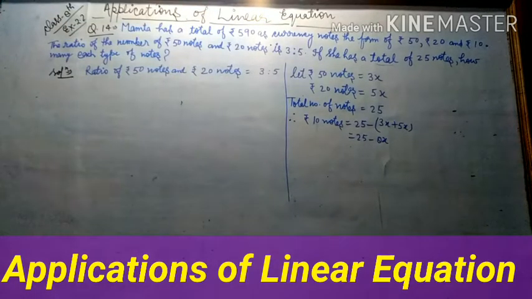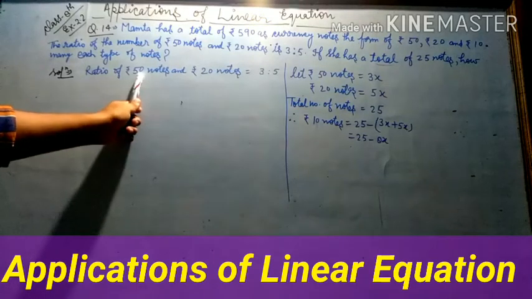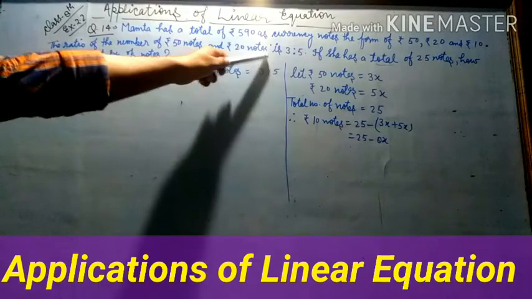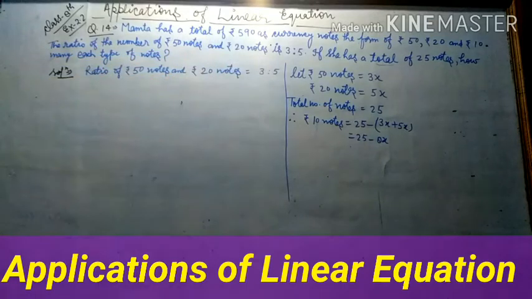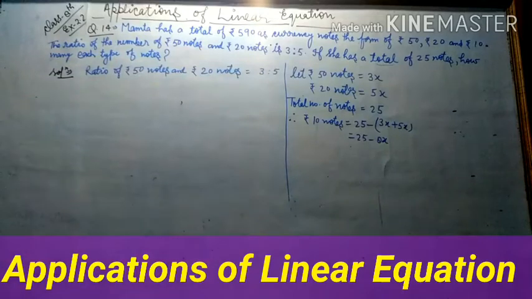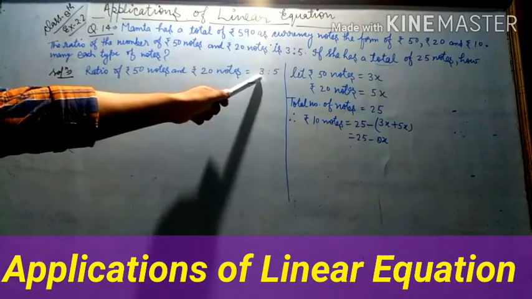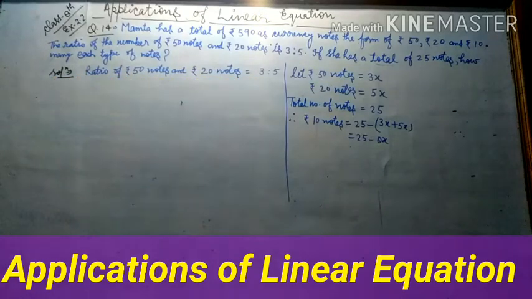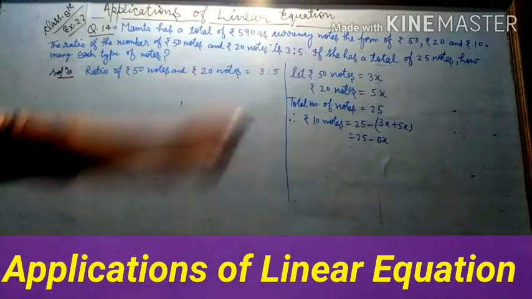So the ratio of rupees 50 notes and rupees 20 notes is 3:5, that is given. So let rupees 50 notes equal 3x and rupees 20 notes equal 5x. And the total number of notes is 25.